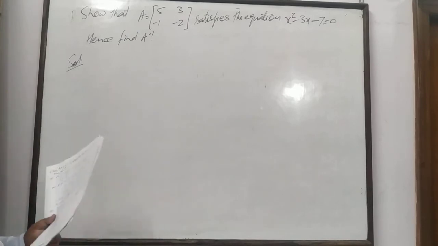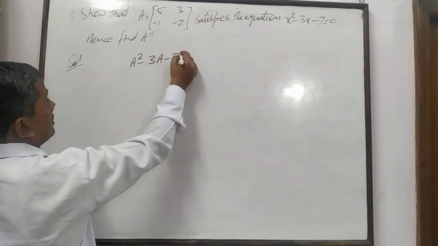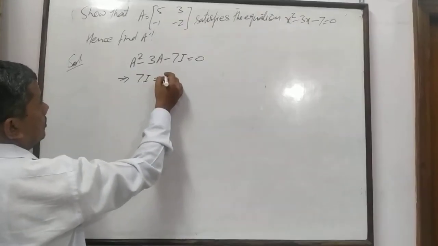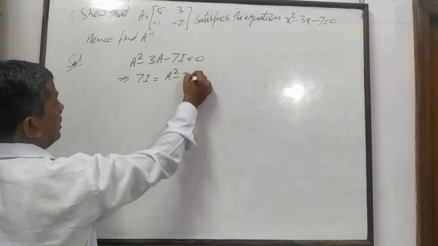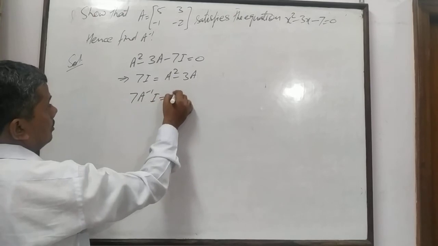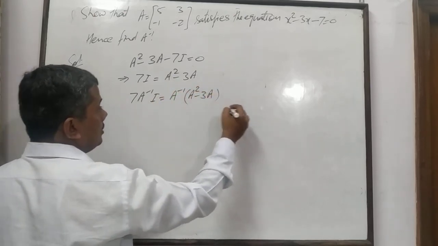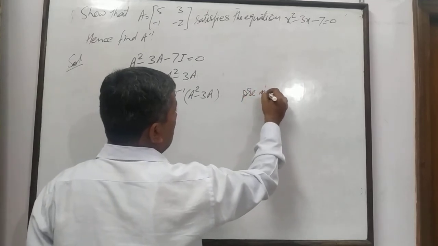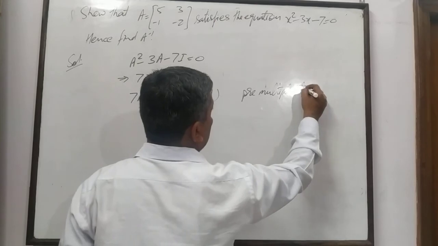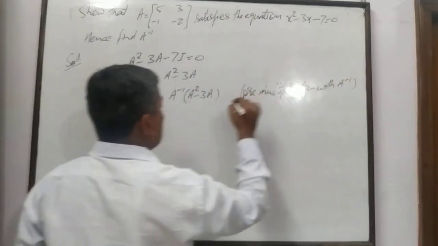Now, we have just proved that A square minus 3A minus 7I is equal to 0. This implies 7I is equal to A square minus 3A, or 7 A inverse I is equal to A inverse times A square minus 3A. What we have done is pre-multiplication with A inverse.